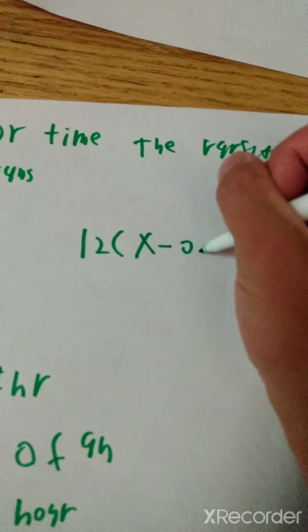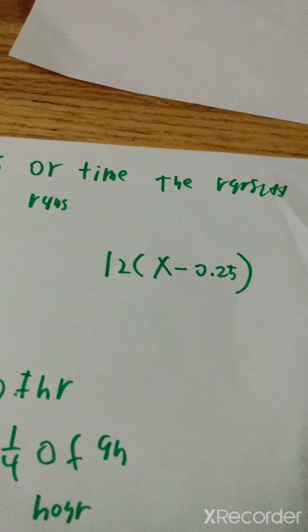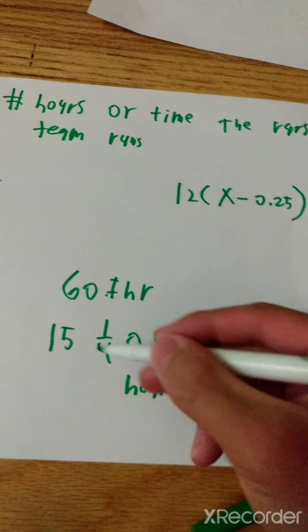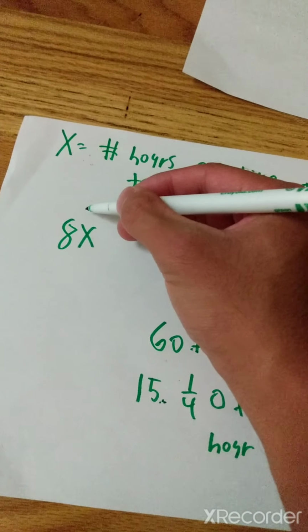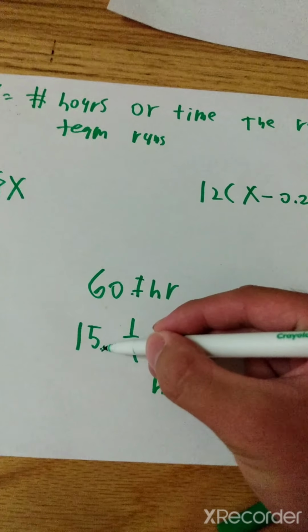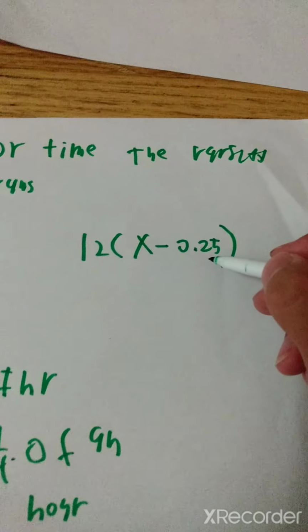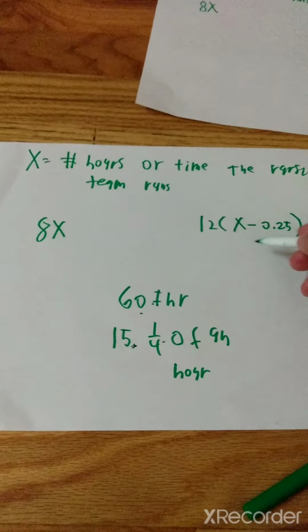minus 0.25, because the varsity team left 15 minutes later than the junior varsity team. Pretty much 15 minutes is 1/4 of 60, and as a decimal that is 0.25. So that's the varsity team equation.